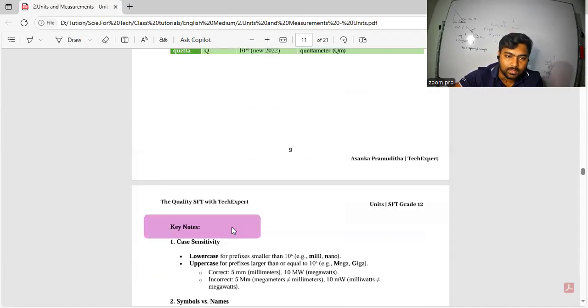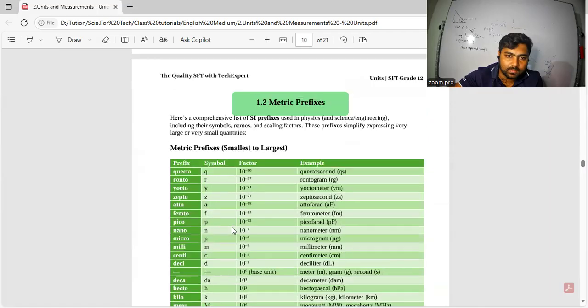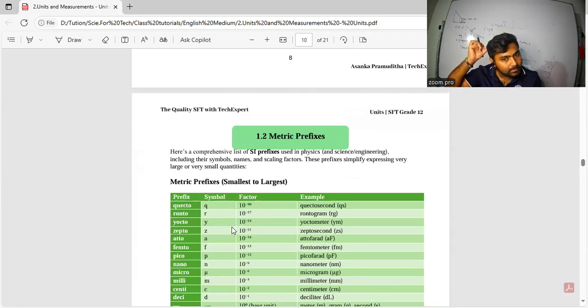Okay, then write the next topic as metric prefixes. So what is meant by prefixes?